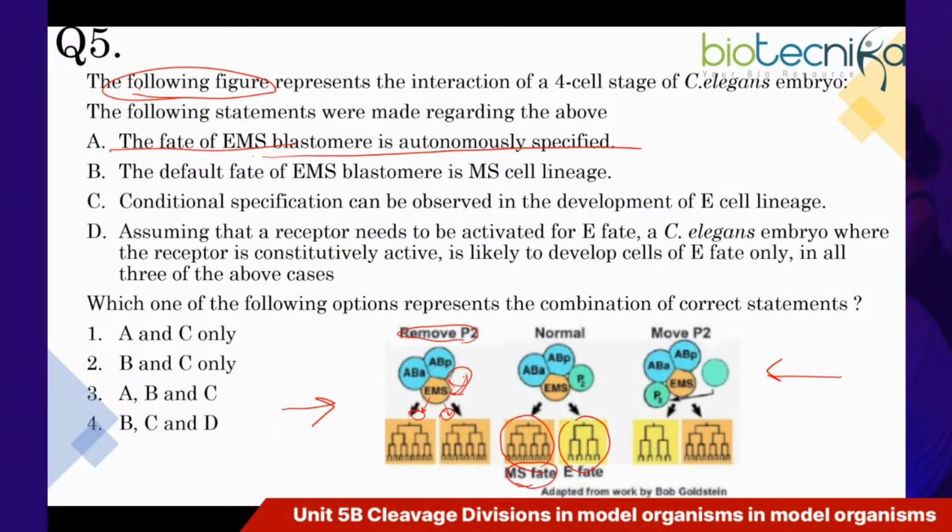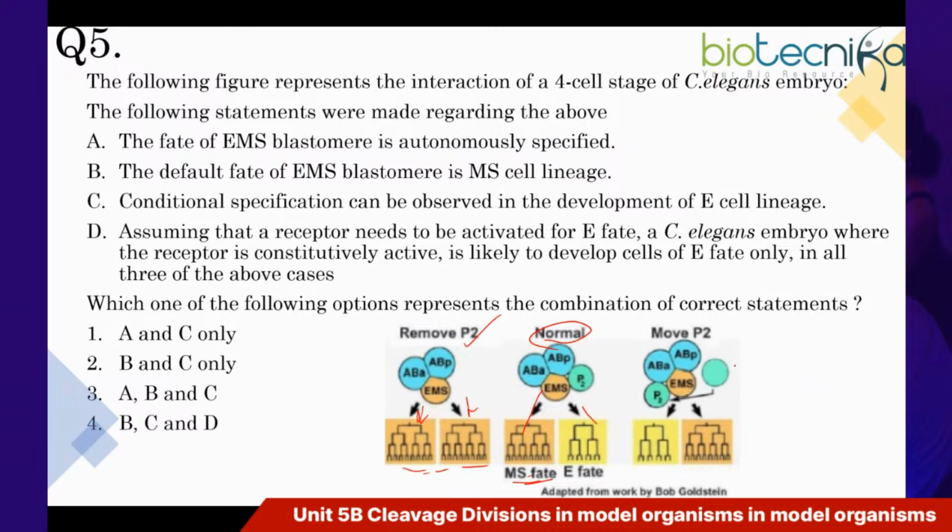Whichever daughter cell was close to P2 would have formed endoderm. But if you remove P2, then both daughter cells become mesoderm only. See, orange color is mesoderm, and they have said this is normal, right? And in case you are removing P2, see, you are removing P2 here. Now EMS was supposed to give two daughter cells, with P2 here.